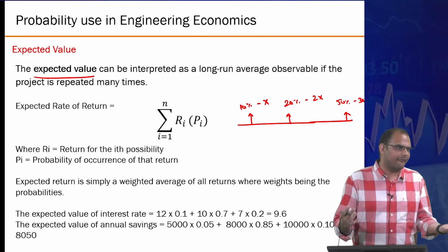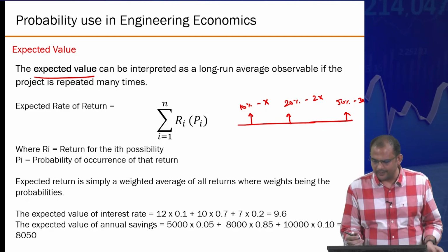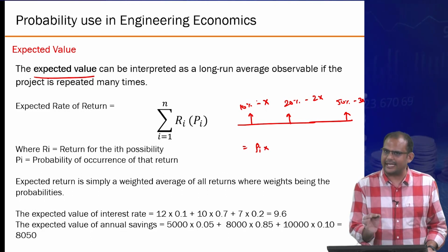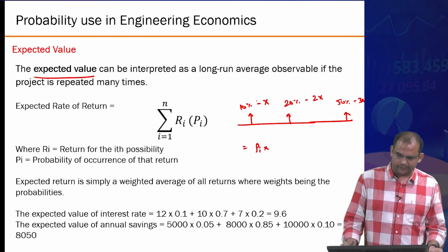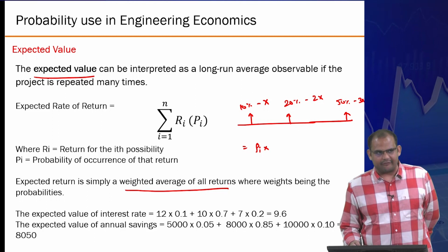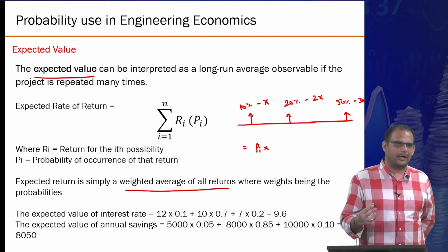So what is the average? What is the expected value for this variable? You can estimate it. How? You take the probability score, multiply by the value, and take the sum. Get it? It's basically a simple weighted average, and the weight comes from the probability of that particular outcome occurring.